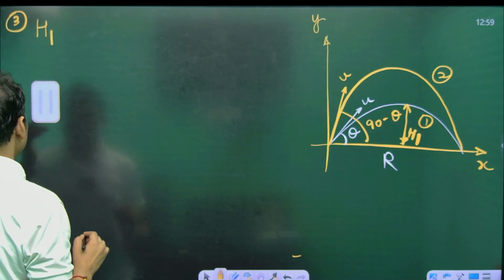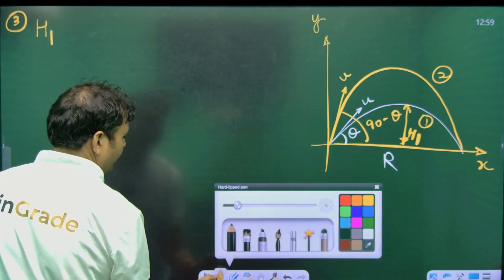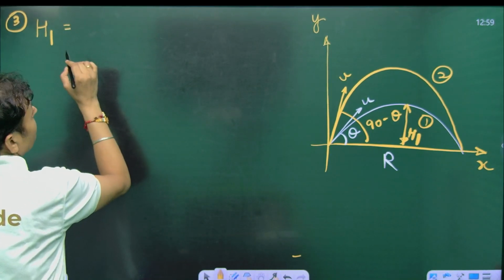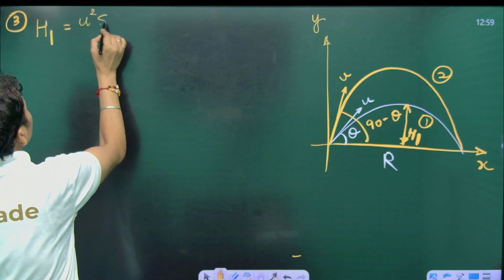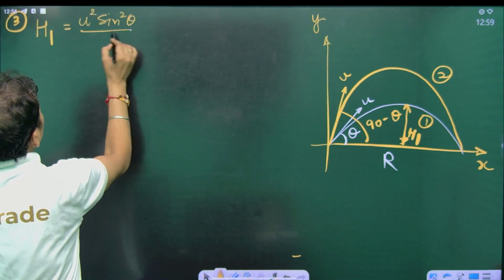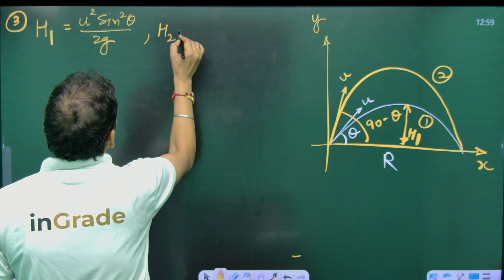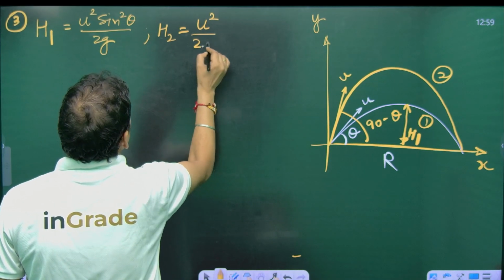H1 will be equal to, what is H1? H1 will be equal to u square sine square theta by 2g. That is H1. And what about H2? H2 is equal to u square by 2g.